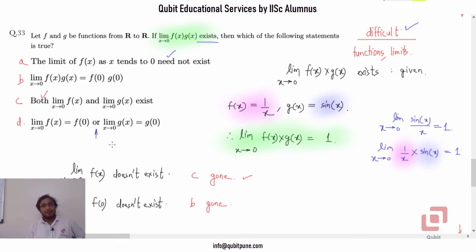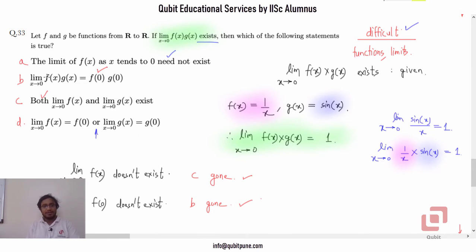And also f of 0 doesn't exist because the function is not defined there. So it possesses an irremovable discontinuity, but at the same time the function itself is not defined there. So if f of 0 is not defined, then there is no question of the right side's existence, right? So option B is also gone.